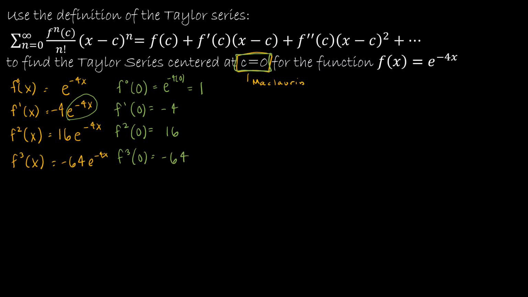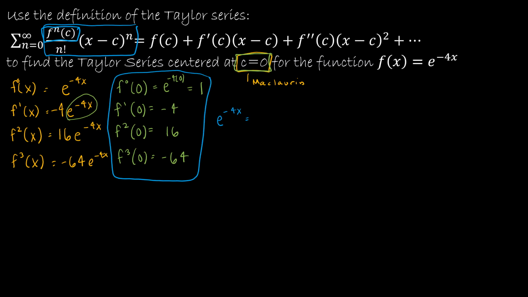Now what I'm going to do from here is start to write out my series. So e to the negative 4x, I can write it using this format. So this in the numerator is exactly what I've just found here, and that's why I wrote it in this way with 1 and 2 and 3 instead of 1 dash and 2 dashes and 3 dashes. So my numerator for my first value, where n is equal to 0, would be 1 over 0 factorial, and then x minus c, now c is 0, so that's just x, to the nth power.